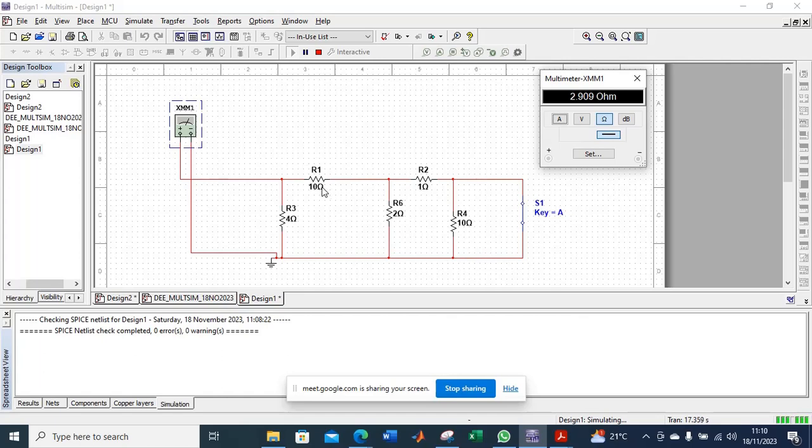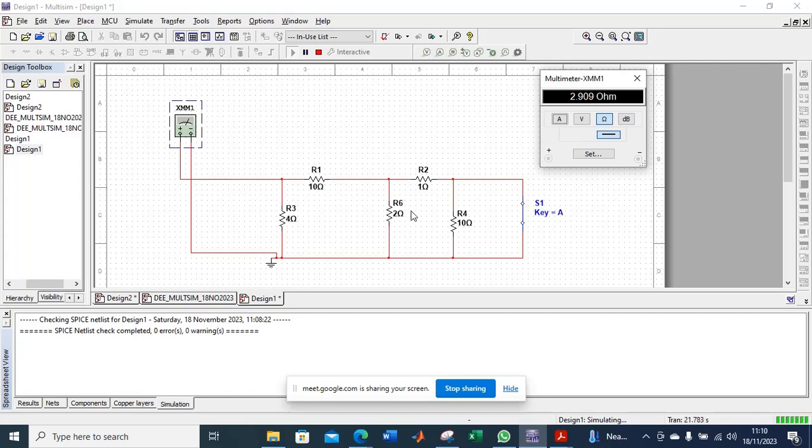So the 1 and the 2 are going to be in parallel, so we have 2 times 1, which will be 2 divided by 3. Now we have a 10 which is in series with a 0.6, so plus 10.